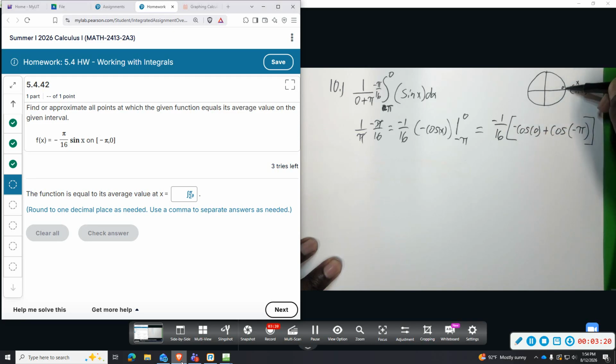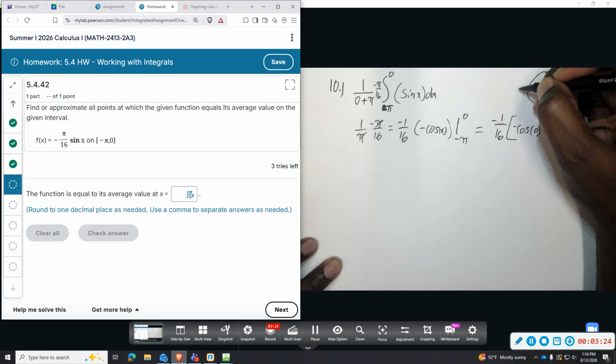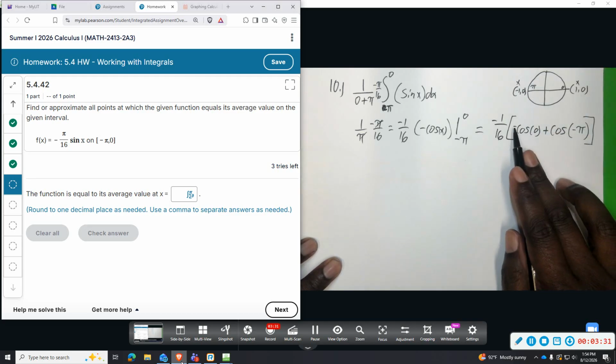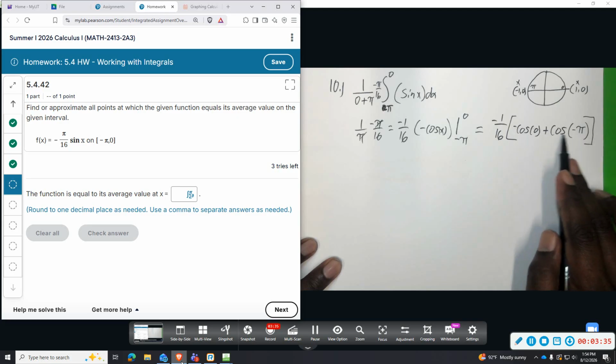Negative pi, if we went backwards, would end up here, which is the same as positive pi. Ordered pair is negative 1 and 0. The x coordinate is negative 1. So we would get a 1 here, but it would become negative, and we would get a negative 1 here.